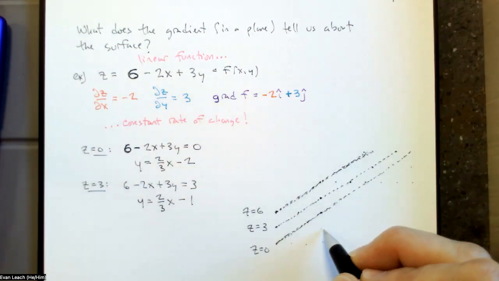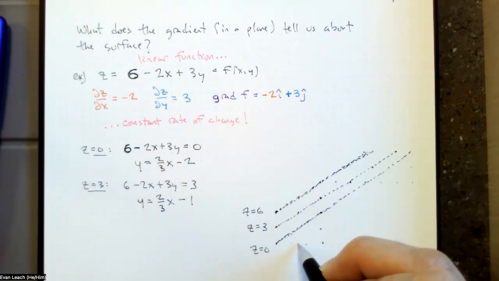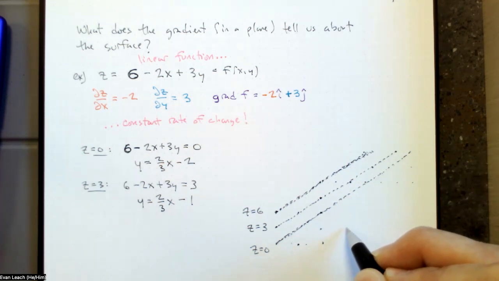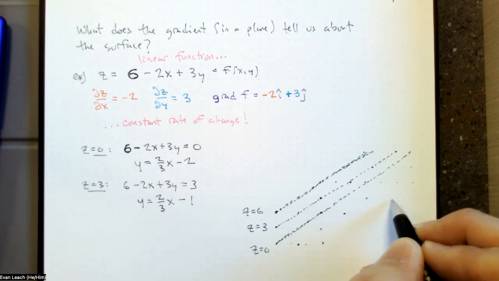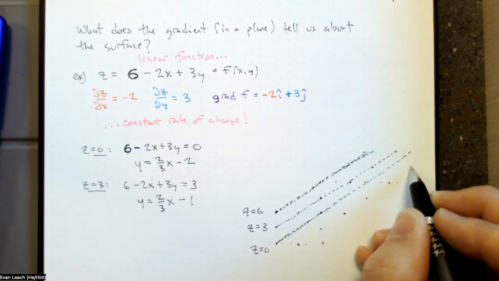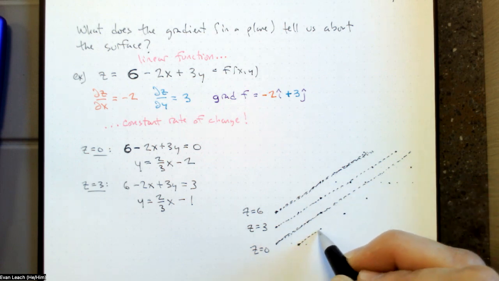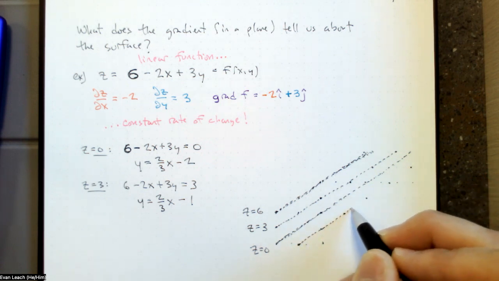And if I drop down 1 here, here's going to be z equals -3.